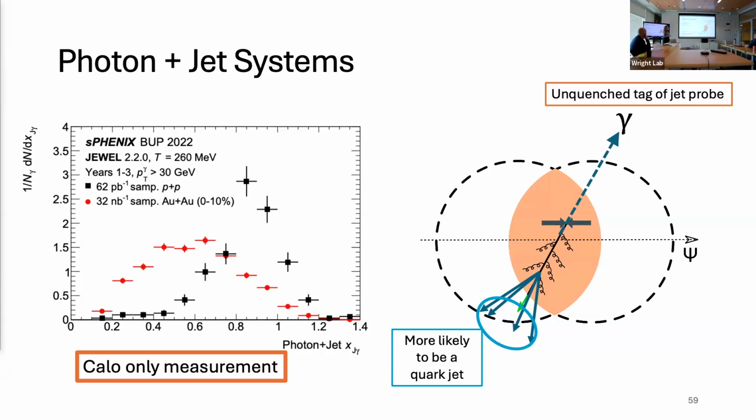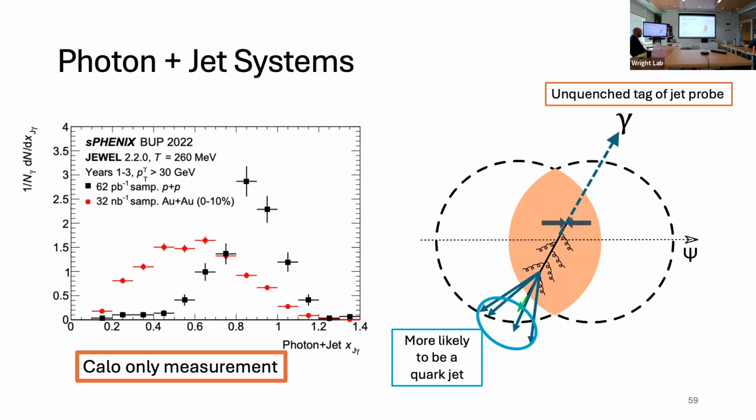But another interesting thing that you can do is take these jets and look at what those jets look like. Because we know that in this production system, we expect that these jets are more likely to be coming from quark jets. And so you can actually change the flavor composition. It's not quite as much as you do in these types of systems at the LHC because of the flavor composition in inclusive jets, but you can still change it somewhat by looking at these quark jets.